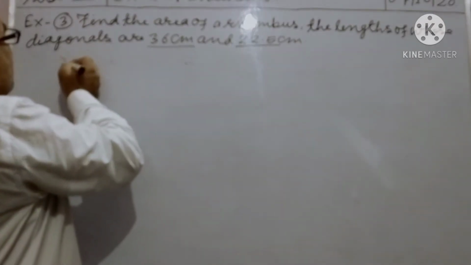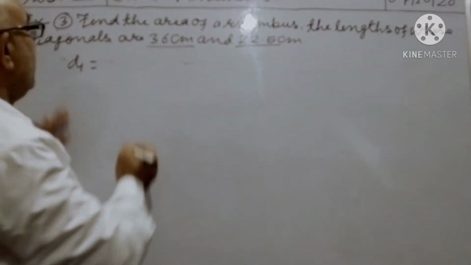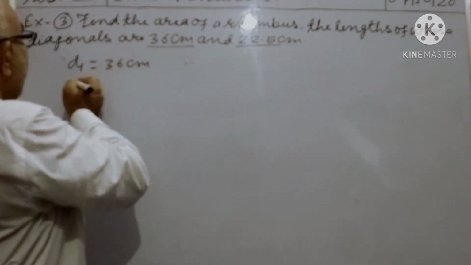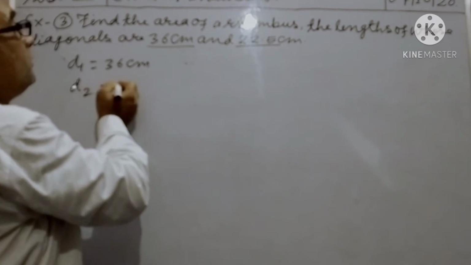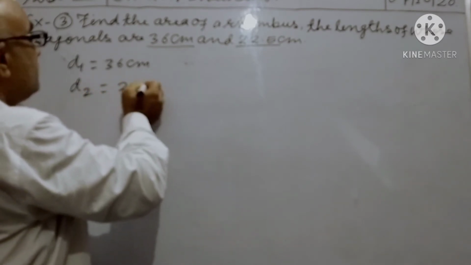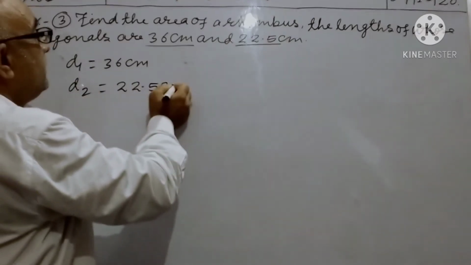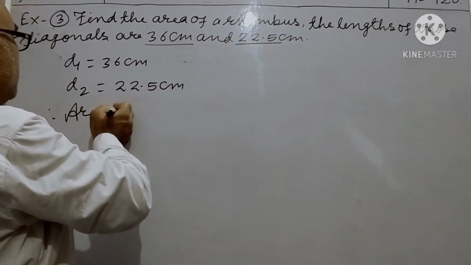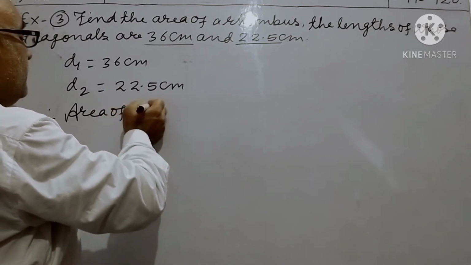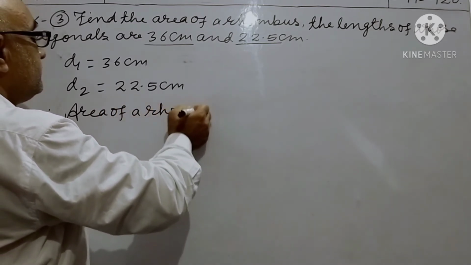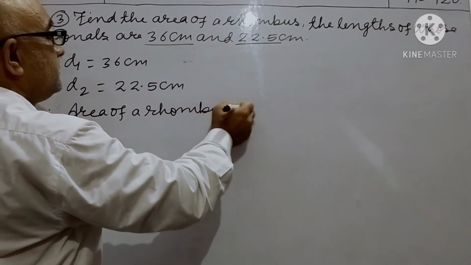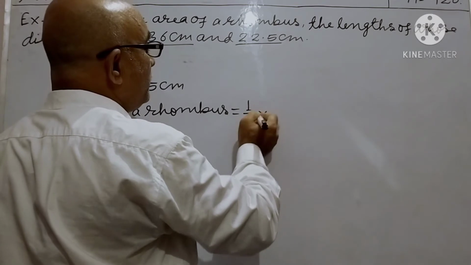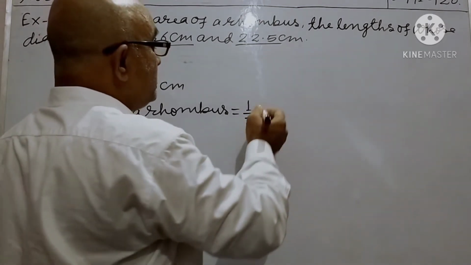Here given in a rhombus, first diagonal D1 equal to 36 cm and second diagonal D2 equal to 22.5 cm. So therefore, area of a rhombus equal to 1 by 2 into product of its diagonals.